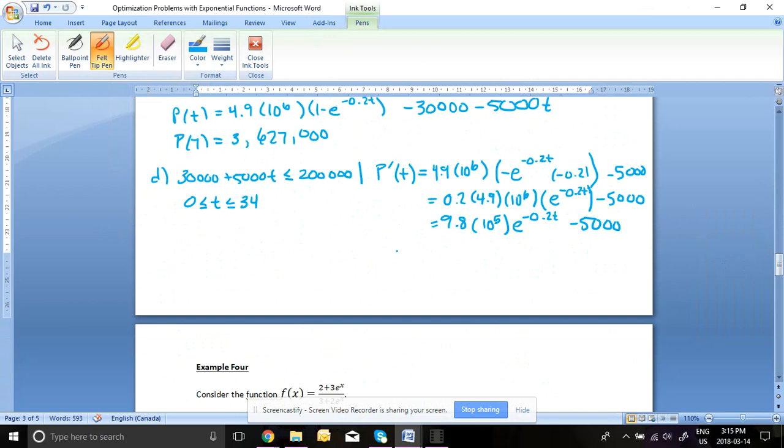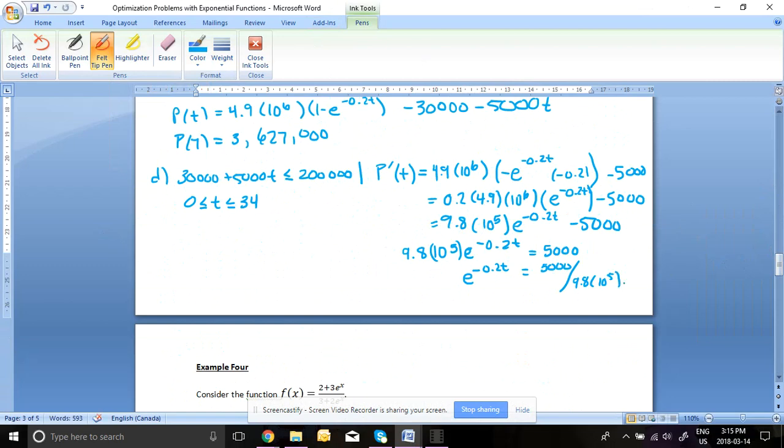Okay, so what I'm able to do here is get 9.8 times 10 to the 5 times e to the negative 0.2 t equals 5,000. So I'm setting this derivative equal to 0 and then moving the 5,000 over. So now to be able to solve for this t, I need just the exponent. So e to the negative 0.2 t equals 5,000 divided by 9.8 times 10 to the 5.